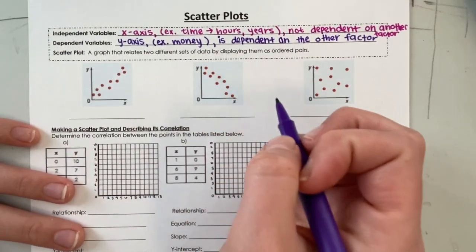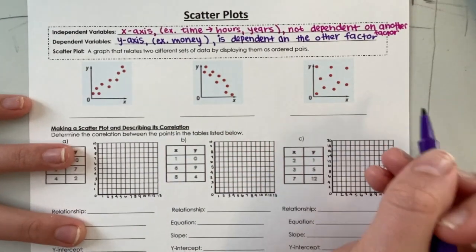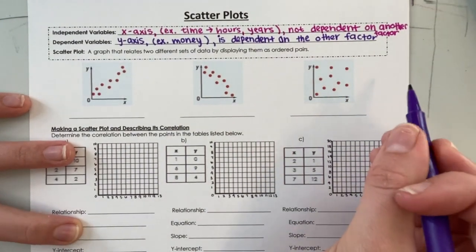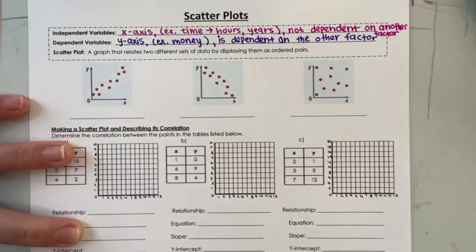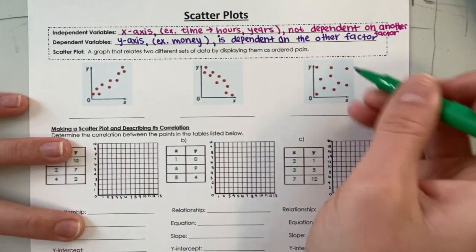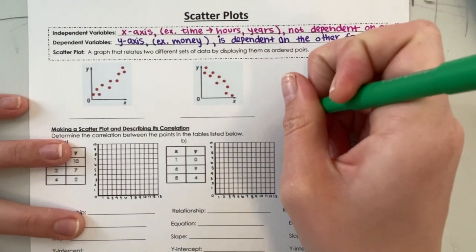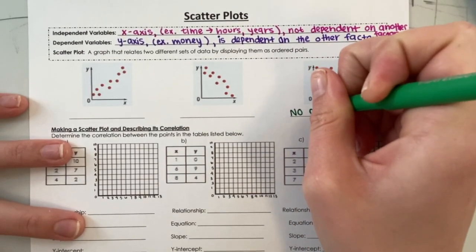If we're looking at a scatter plot, we have some different patterns that we can see. When there is absolutely no pattern that seems to be apparent, so in this case, these dots are just all over the place, we say that has no correlation.